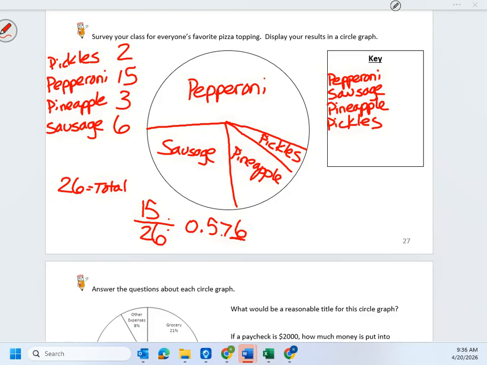So it's going to be 0.58. If I have 0.58, what percent would that be, Jackson? 58%. For our sausage, we have 6 out of 26. What percent would that be? Matt?